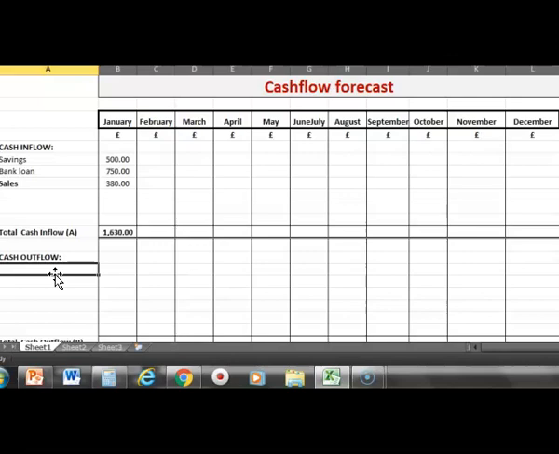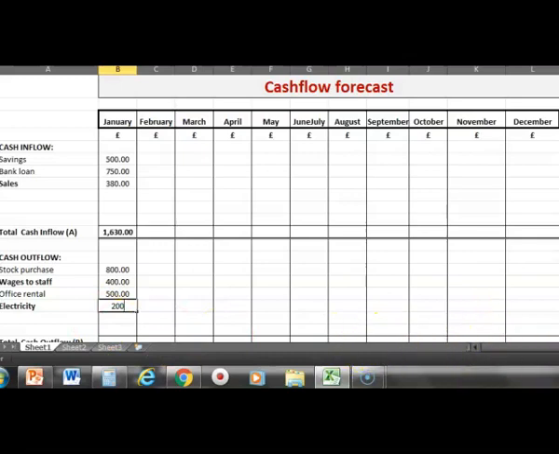So now for the outflows, they have stock purchase for £800, and they had wages they paid to staff, which is £400, and they had office rental, which is £500, and they had electricity payment, which is £200.